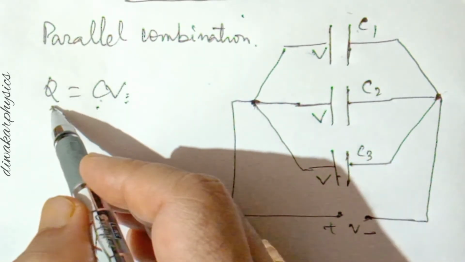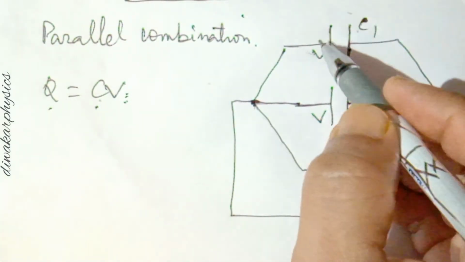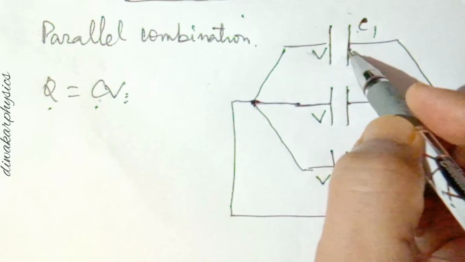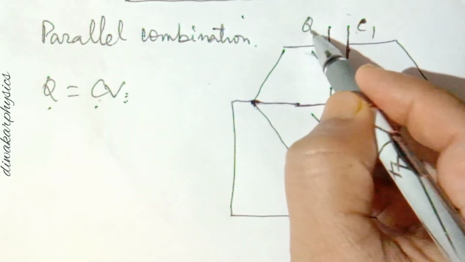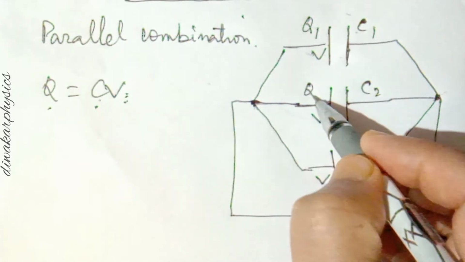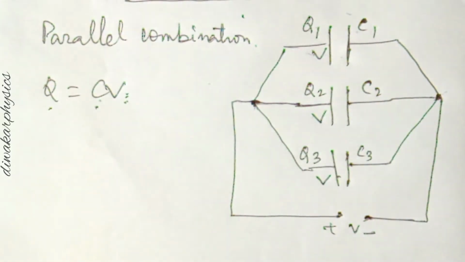That's why in parallel combination different charges will be established according to the capacitance of the capacitor. So here I will take Q1, here Q2, and here Q3.